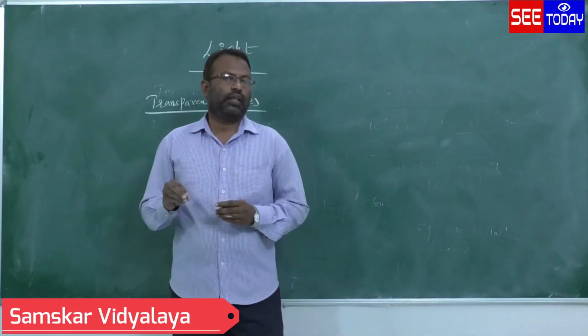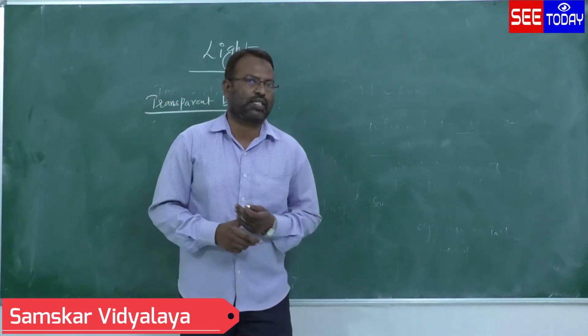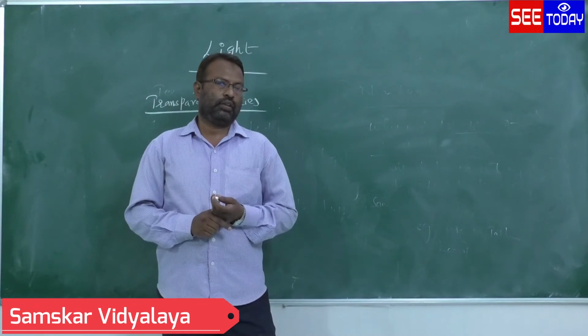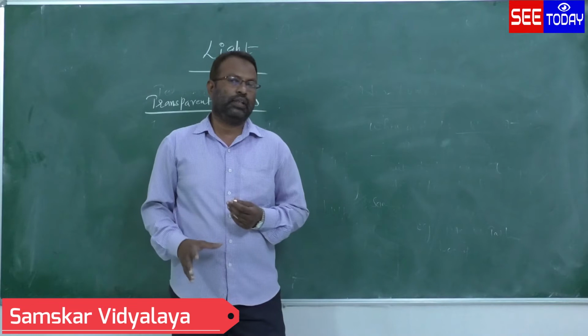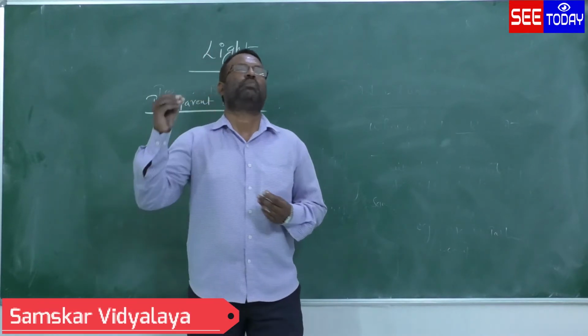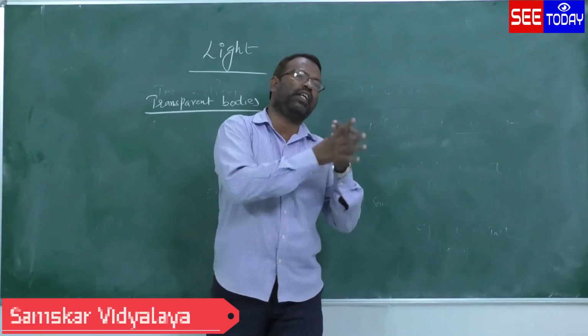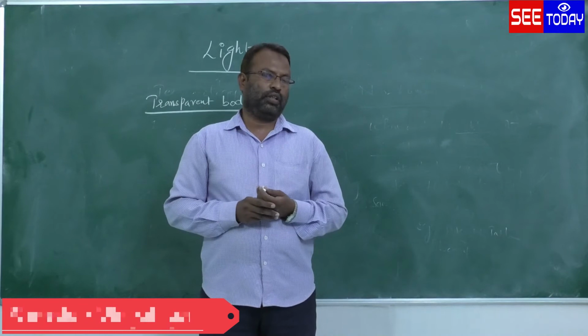When light is allowed to pass through a substance, the light easily passes through them and it is made visible to see all the things present in those bodies, in those materials.